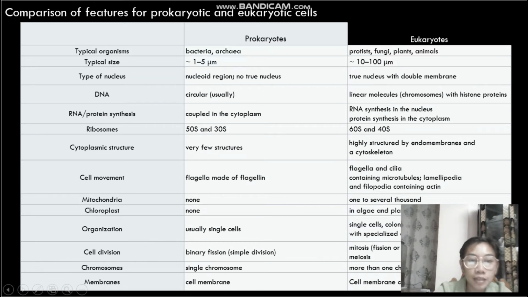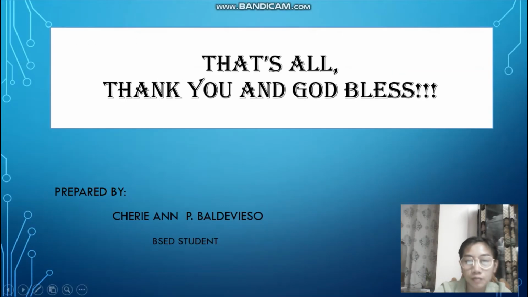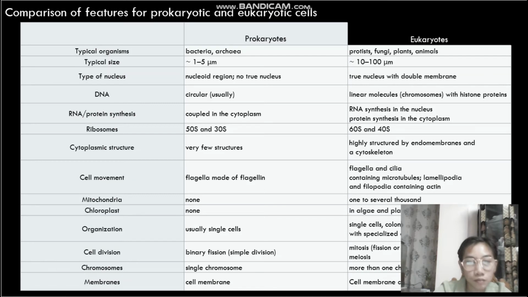For the typical size, prokaryotes are 1 to 5 micrometers in diameter, and eukaryotes are 10 to 100 micrometers in diameter. For the type of nucleus, prokaryotes have a nucleoid region, so prokaryotes have no true nucleus, and eukaryotes have a true nucleus with a double membrane.